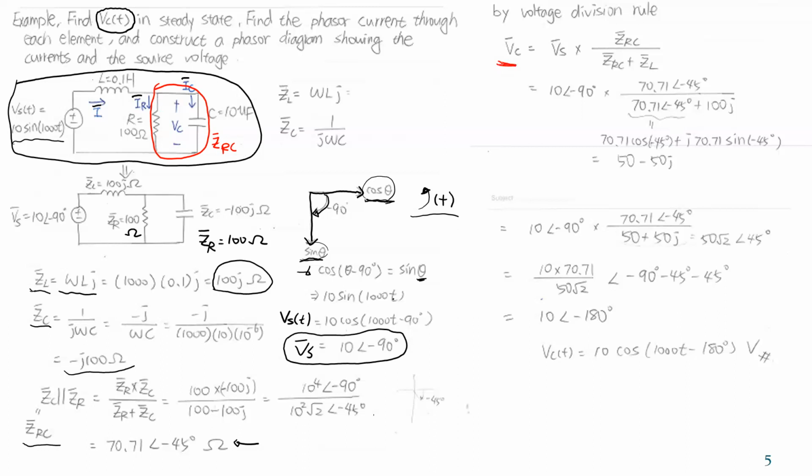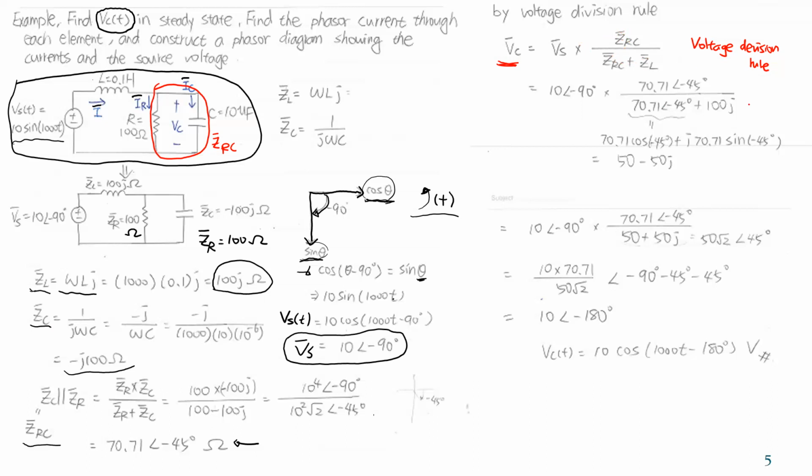To find VC, we'll just apply the voltage division rule. The voltage division rule tells us that to find VC, you just use VS times ZRC on the numerator, and the denominator is ZRC plus ZL.